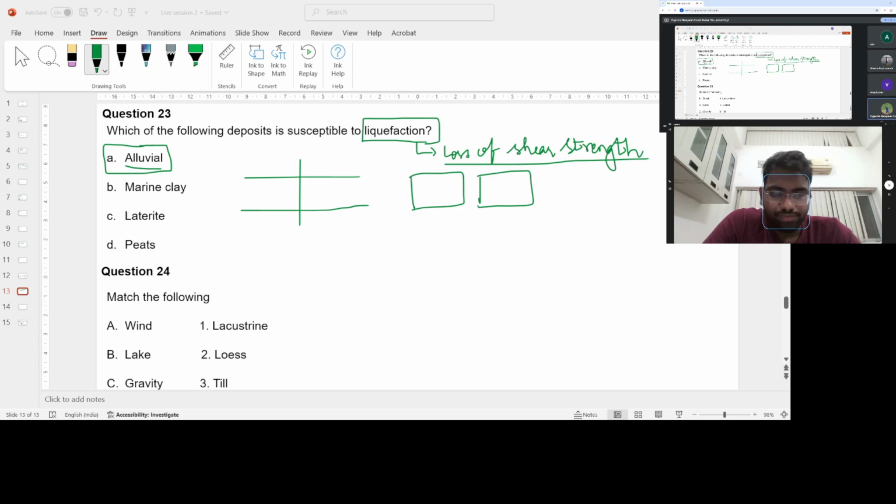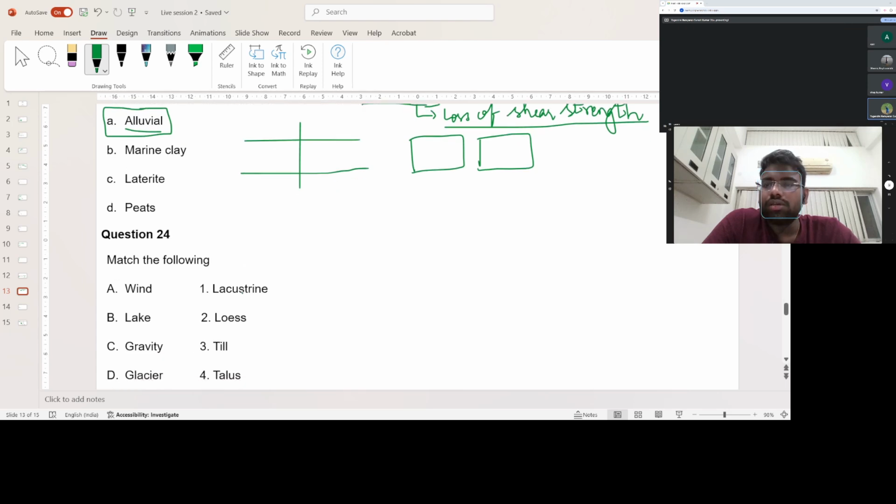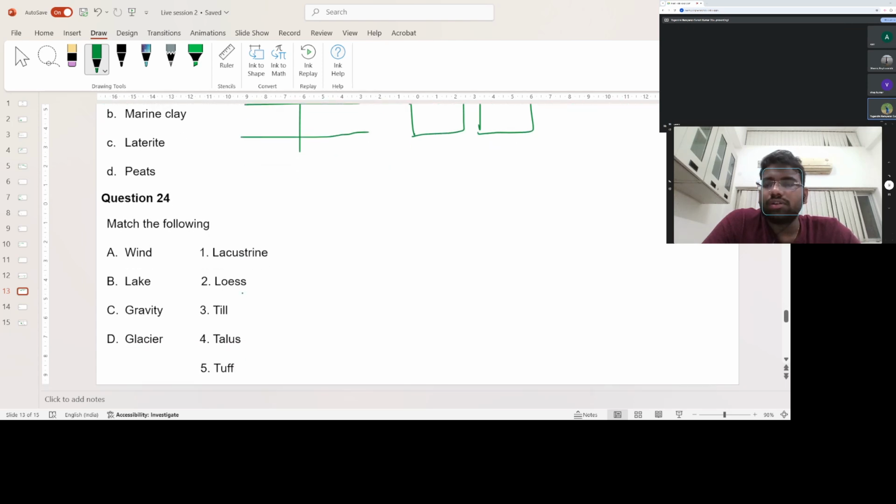Right, sir. Now coming to the next question, it is a match the following question. The left column provides the transporting agents, and the right column the corresponding deposits.